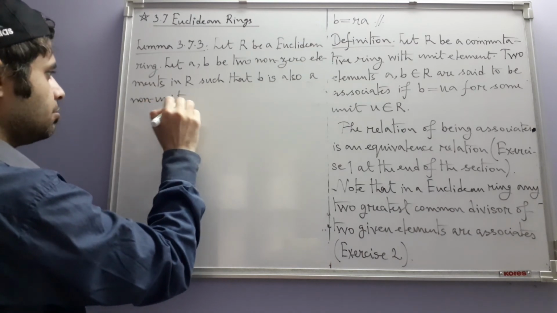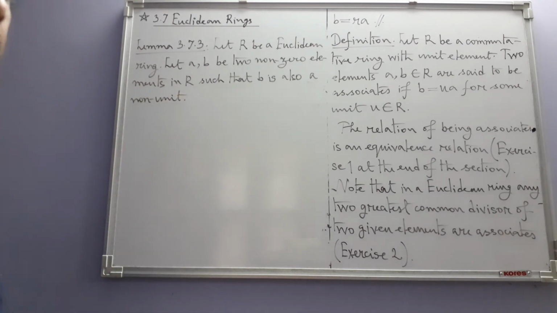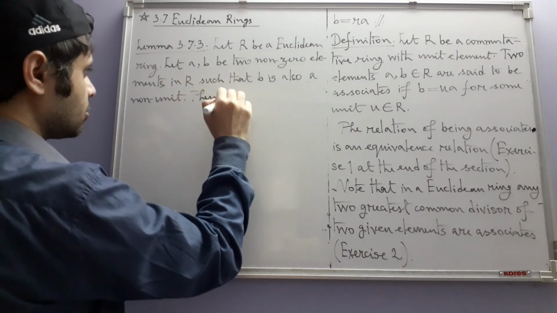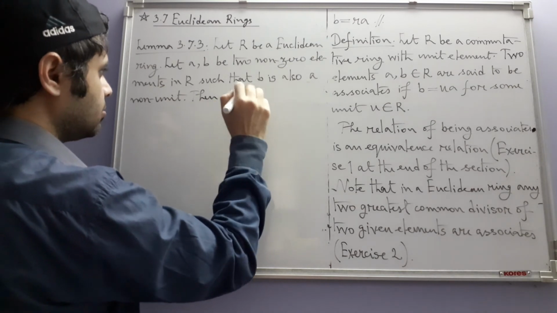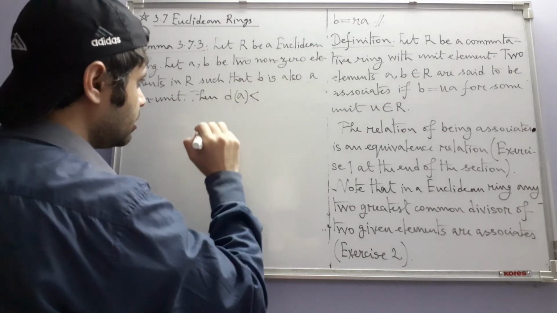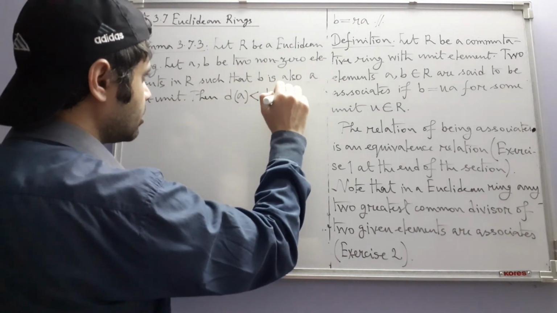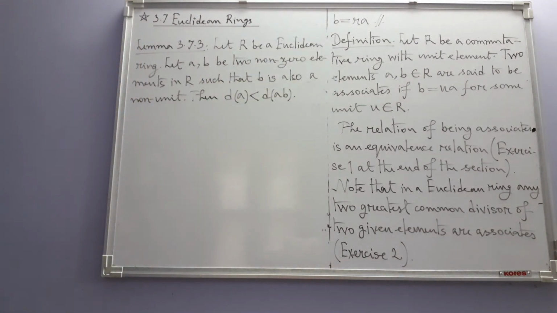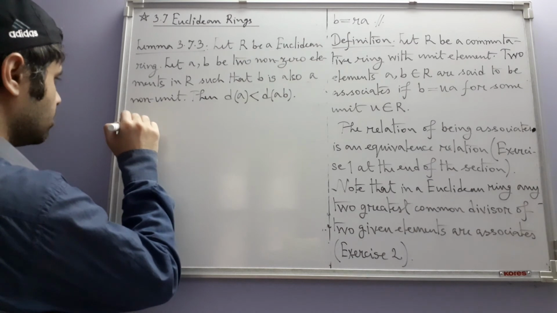That means B is not only non-zero, it's also not a unit. Then the d value of A is strictly less than the d value of AB. Okay, so that's what we want to prove now.